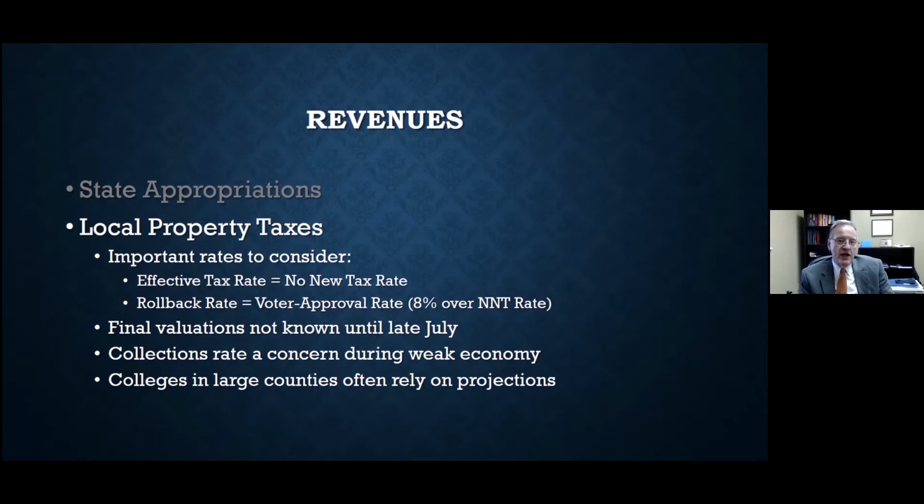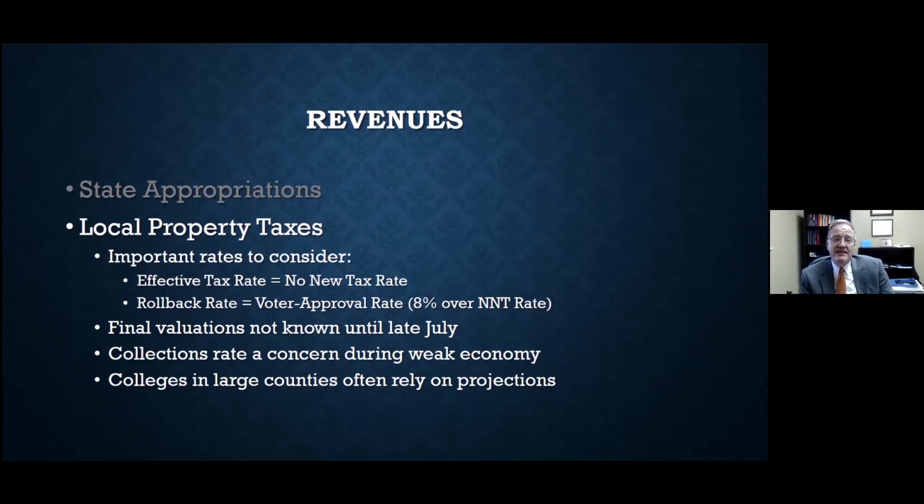So this is the rate, if we go over that rate, we have to take it to the voters to be approved. And for community colleges, that voter approval rate is 8% over the no new tax rate. Now, final valuations on property are typically not known until late July.